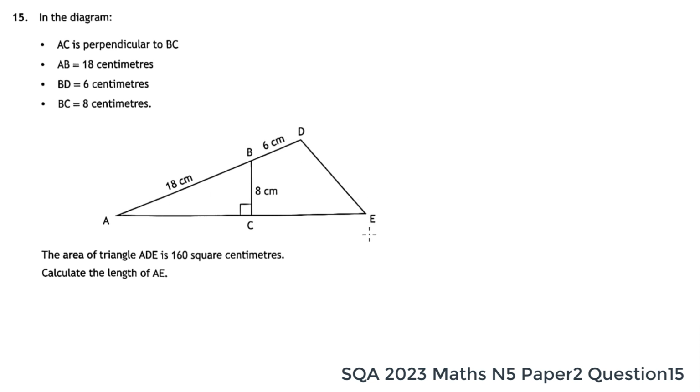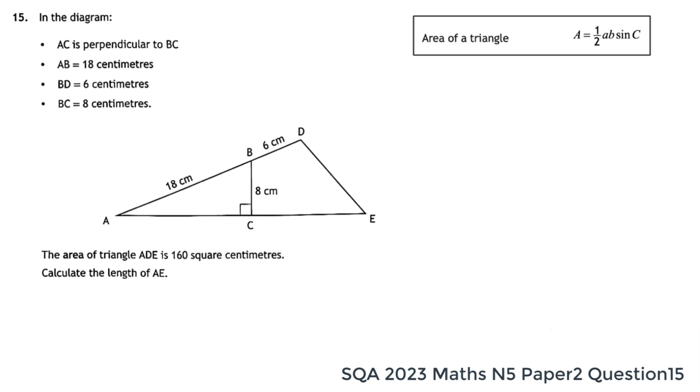Triangle ADE is not a right angle triangle, and therefore we would have to use a trig formula to find the area of it. And the trig formula is this one, given to you in your formula sheet. The area is a half ab sine C. Now, that refers to a triangle ABC.